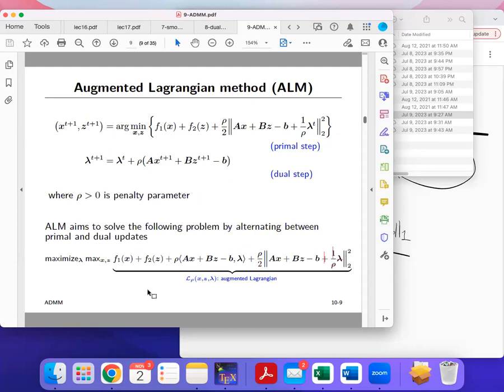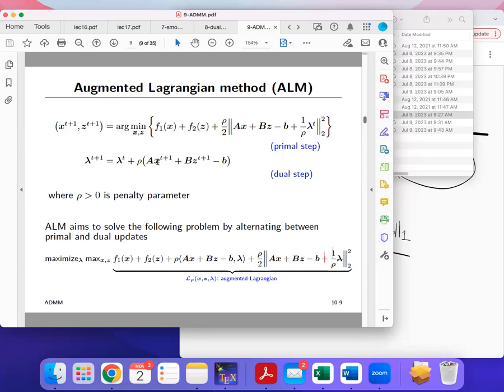So this is the augmented Lagrangian method. It's essentially proximal point applied to the dual problem. And for this method, you can clearly see the primal dual updates. The first step is the primal step, because we are fixing lambda and optimizing over x and z.